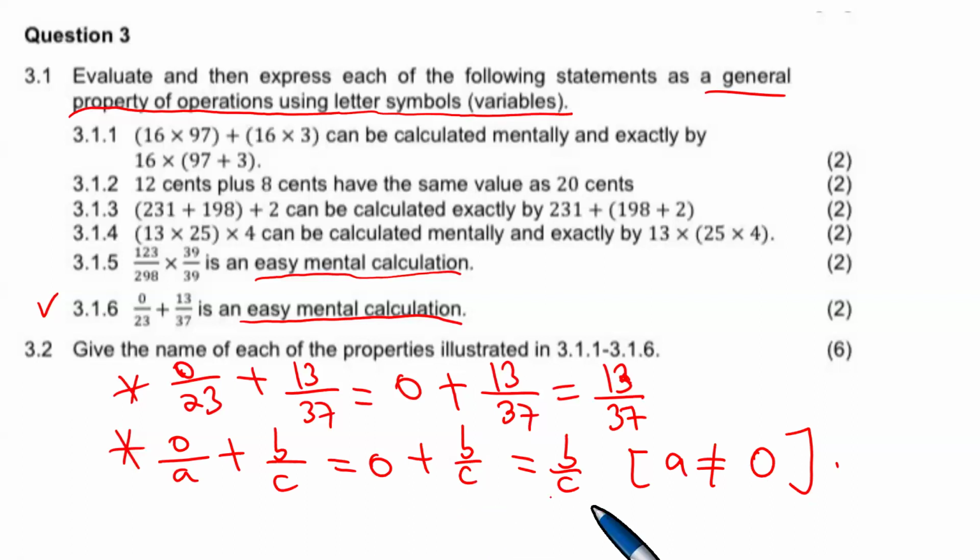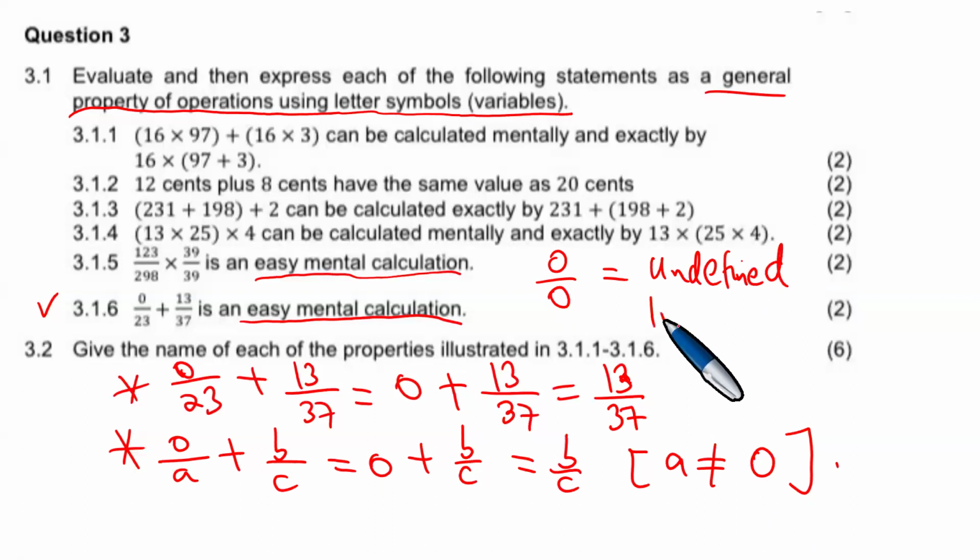A is not 0, because why? Because if you divide 0 by 0, it is undefined, or we say it is indeterminate. It is called an indeterminate form in mathematics.